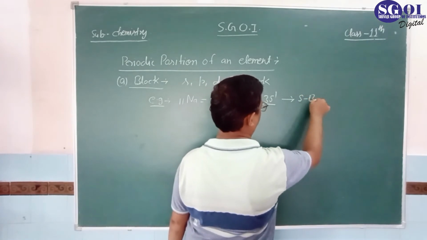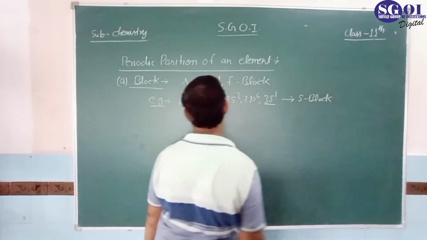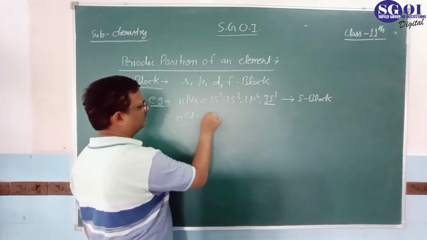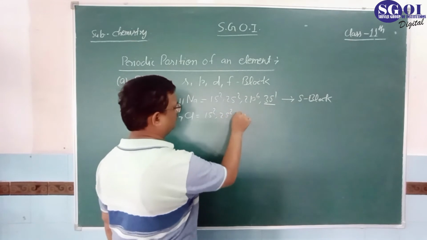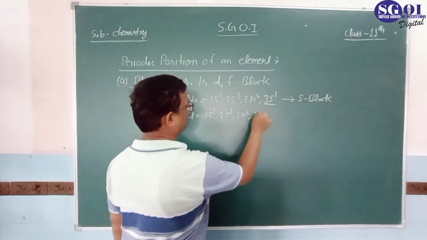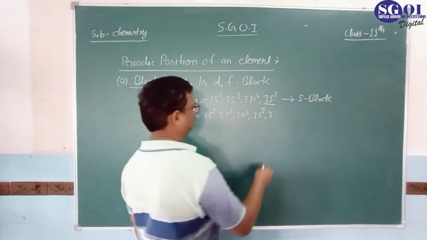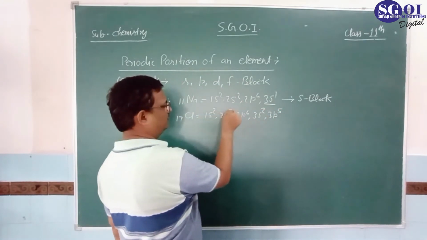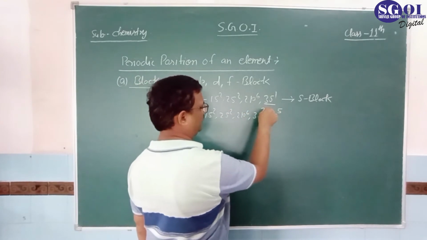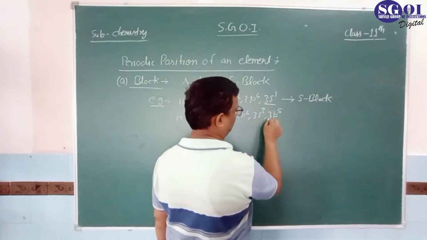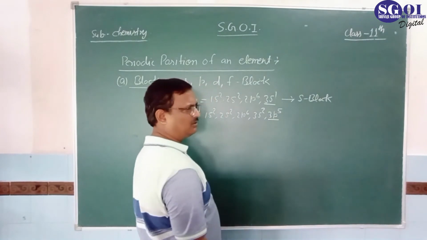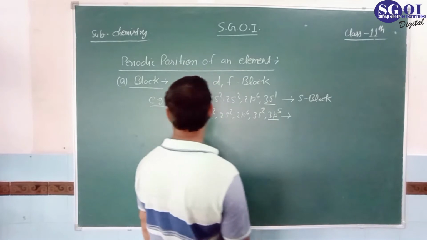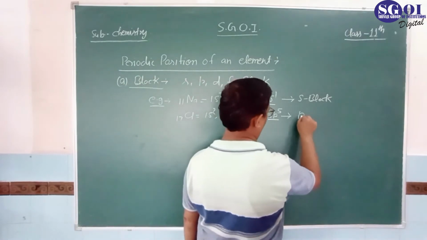Now chlorine is 17: 1s2, 2s2, 2p6, 3s2, 3p5. So the valence electron or last electron entered the p subshell. So the block of the chlorine atom is the P block.